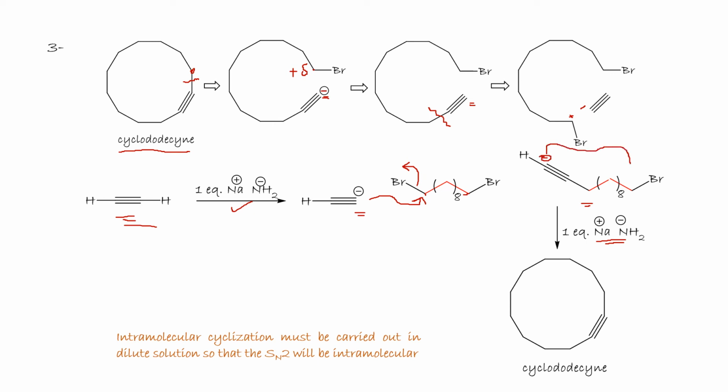Internal SN2 reaction will lead to the formation of the target molecule. The intramolecular cyclization must be carried out in dilute solution. So SN2 will be an intramolecular reaction instead of an intermolecular reaction between different molecules. It will be within the molecule if we start with dilute solution. Okay?